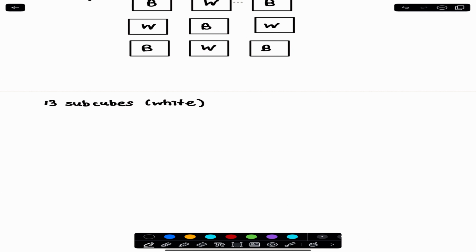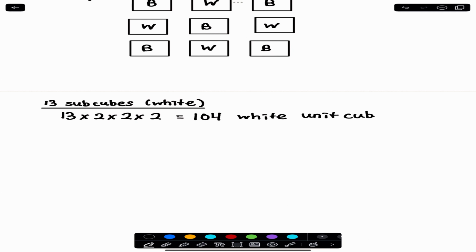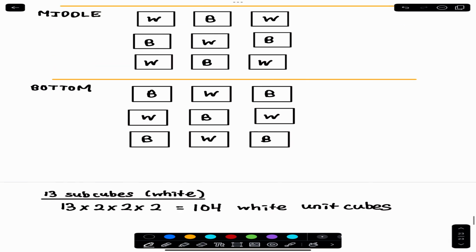which means the volume of this, the number of individual squares that they cover. Remember, each cube is 2 by 2 by 2, so we really have 104 white unit cubes. Unit cubes are 1 by 1 by 1.